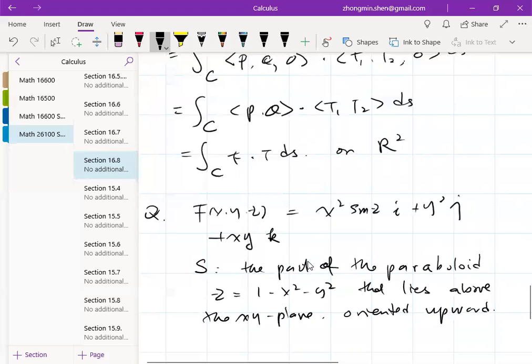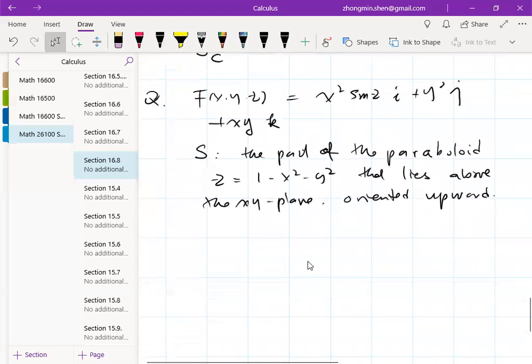Okay. So what does that mean? You need to give an orientation for the surface. It's a normal vector. How do you choose a normal vector? Because there are two options, right? So let's sketch the surface. It's hard to draw, right? z equals 1 minus x squared minus y squared. When x and y are both 0, z is 1. So I think it opens downwards, this piece.